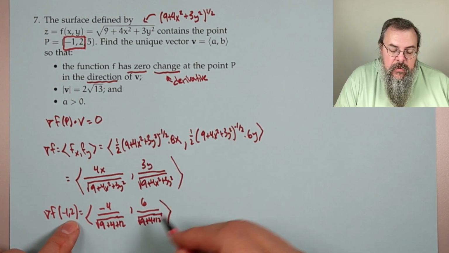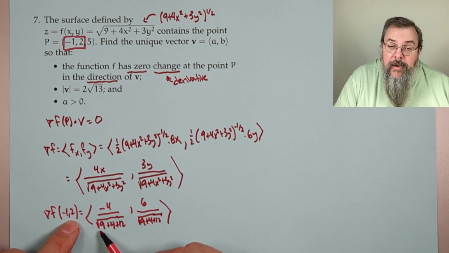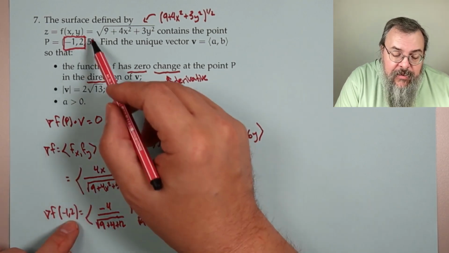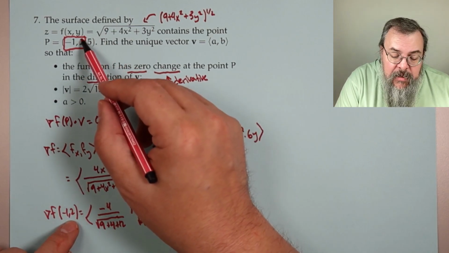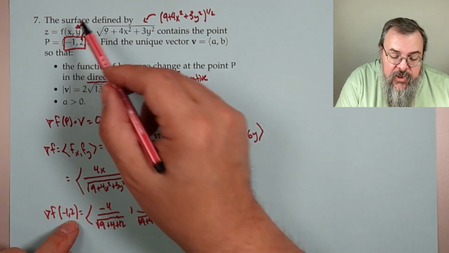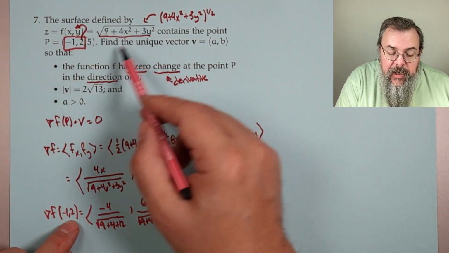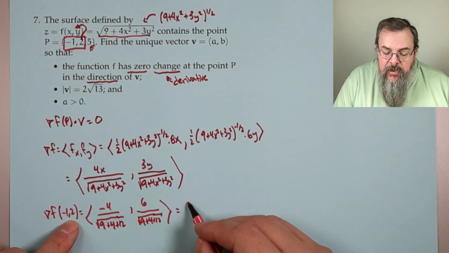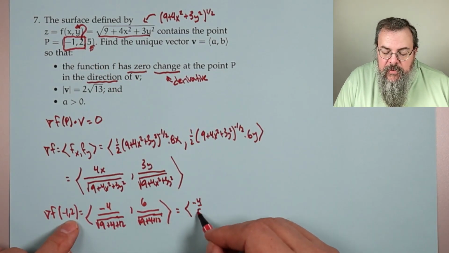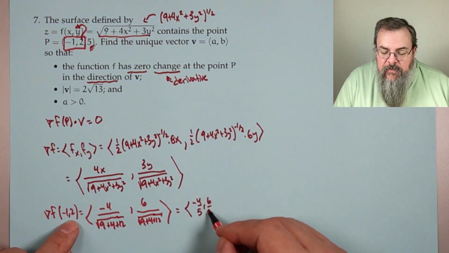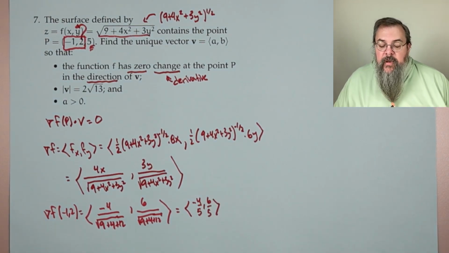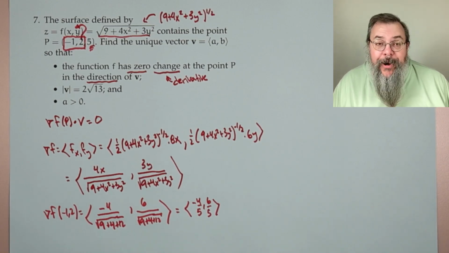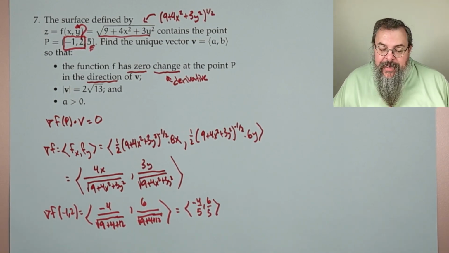If you look at it, we have the square root of 25, which is 5. Coincidence? No, because notice, if you plug this point into your function, you get this value, which is 5. So we have -4/5, 6/5.